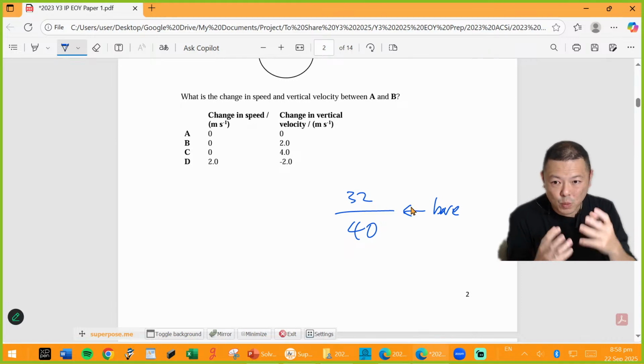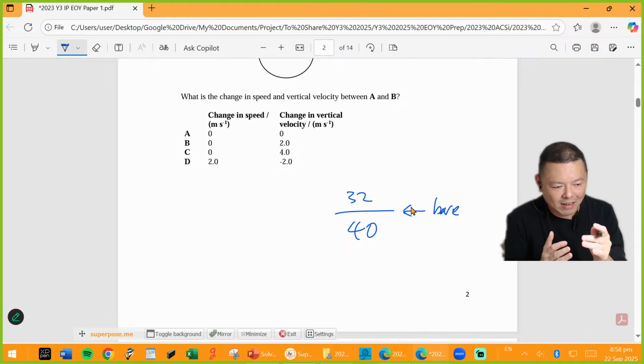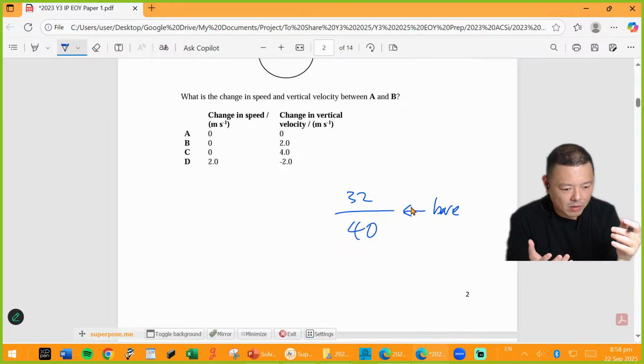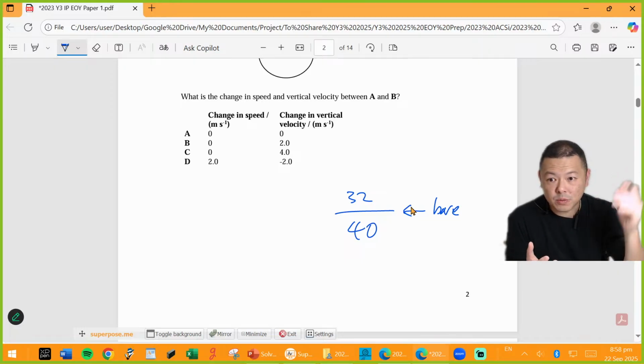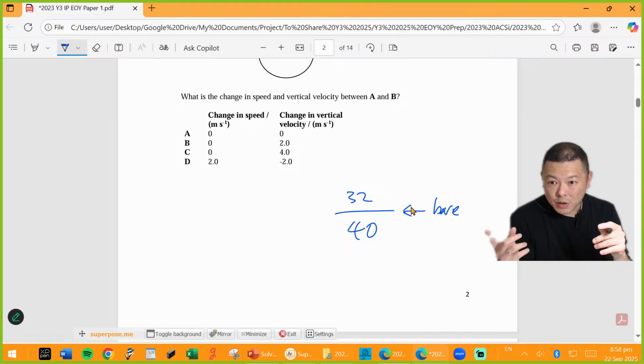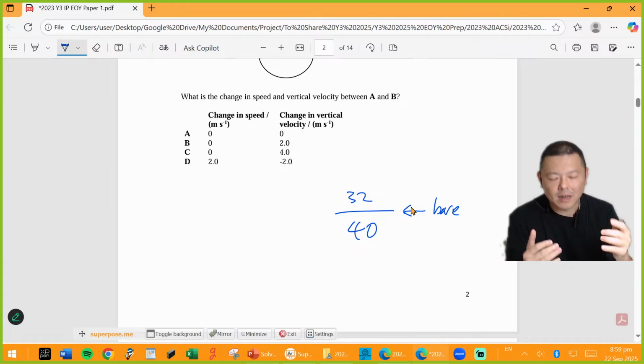It's not like you can wiggle your way out, like in literature or history, where you BS your way through. This is not it. You get it or you don't, and if you don't, you lose the marks. So an indication of 32 out of 40 is a big green flag to me, saying that you're ready to receive your A1, but you just have to be a bit more careful.